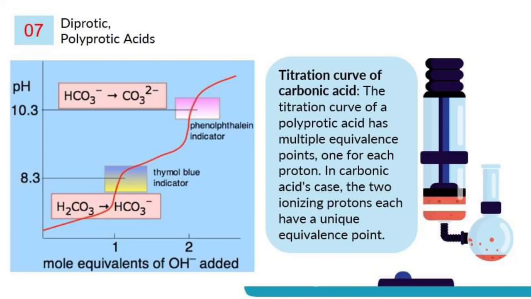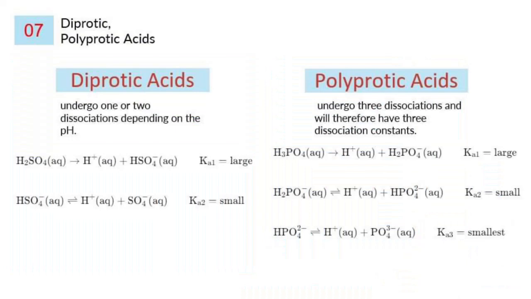This is why we observe distinct steps in the pH versus titrant volume curve, with each step corresponding to the dissociation of a different proton. The first proton to dissociate from a diprotic acid is typically more strongly acidic than the second proton.